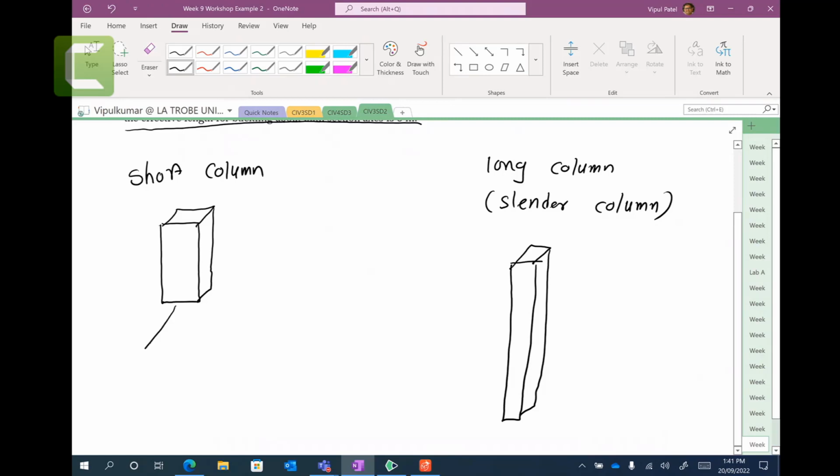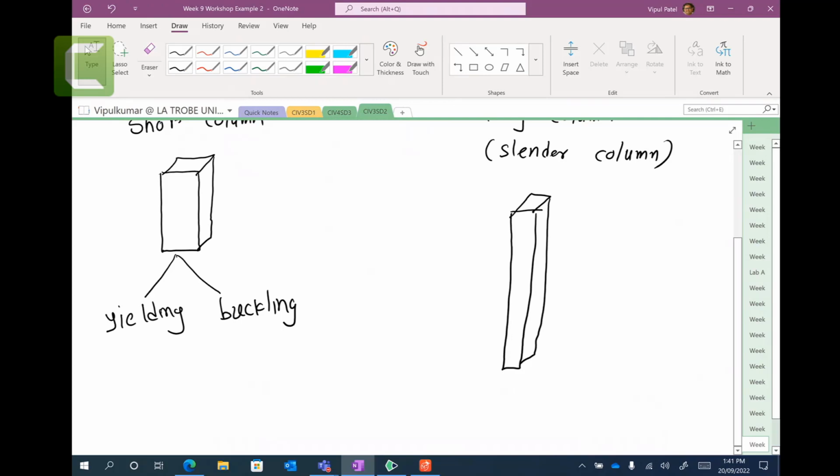Now, short columns generally have a failure mode of yielding or buckling. But the slender column generally has global buckling, in the sense that it has lateral deflections.